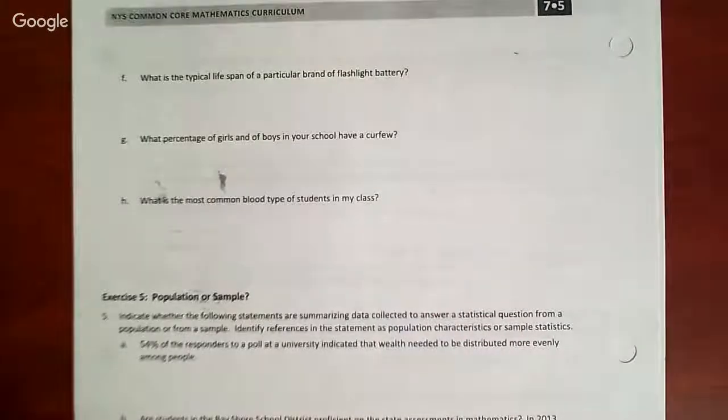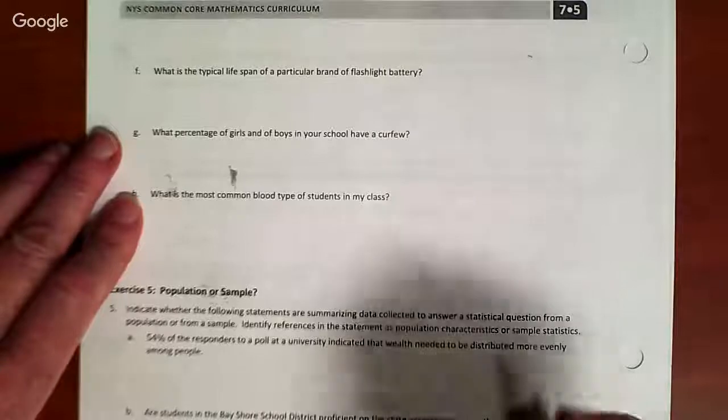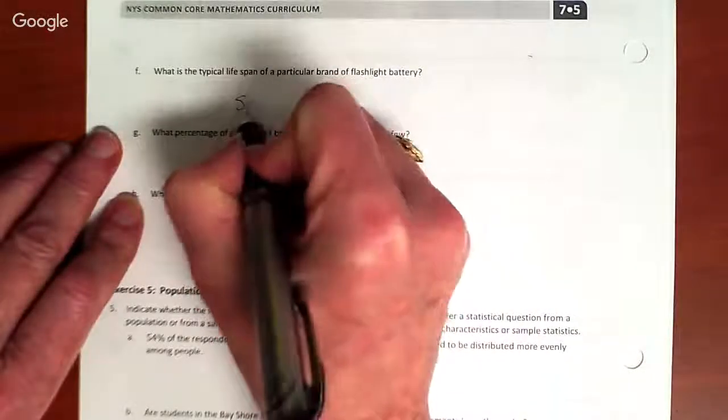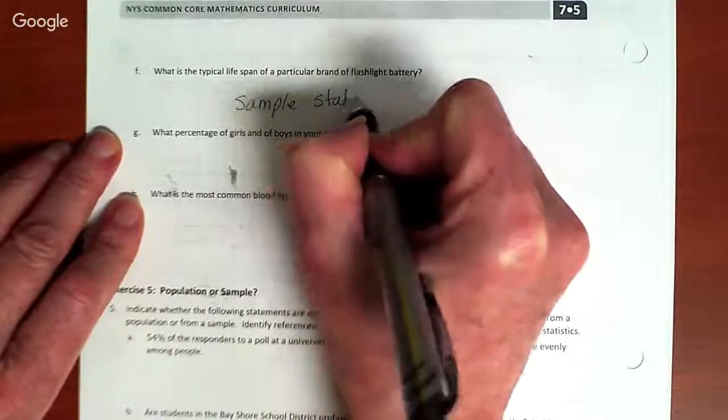The typical lifespan of a particular brand of battery, one particular brand out of a lot of them, sample statistics, sorry. Still thinking probability.